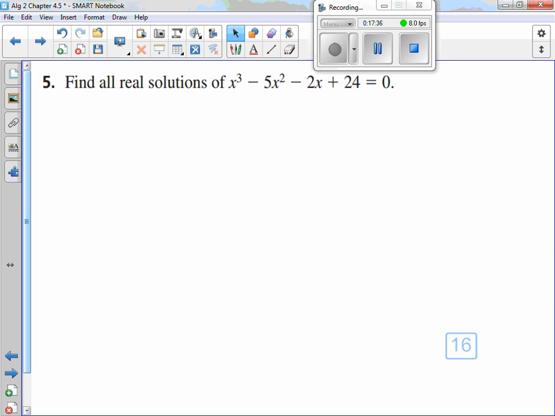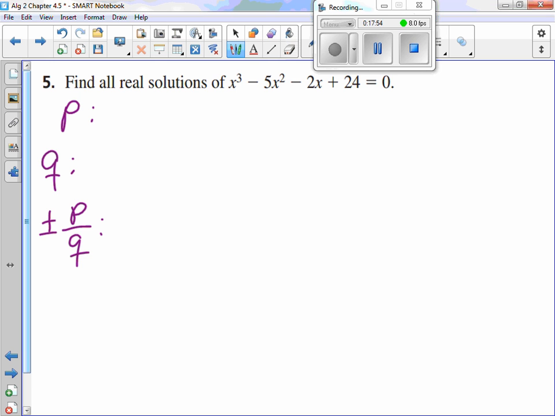All right, if we're good with this here, let's move on to this one here. Let's do the factors of q first. So what are the factors of q, our leading coefficient? 1, right?